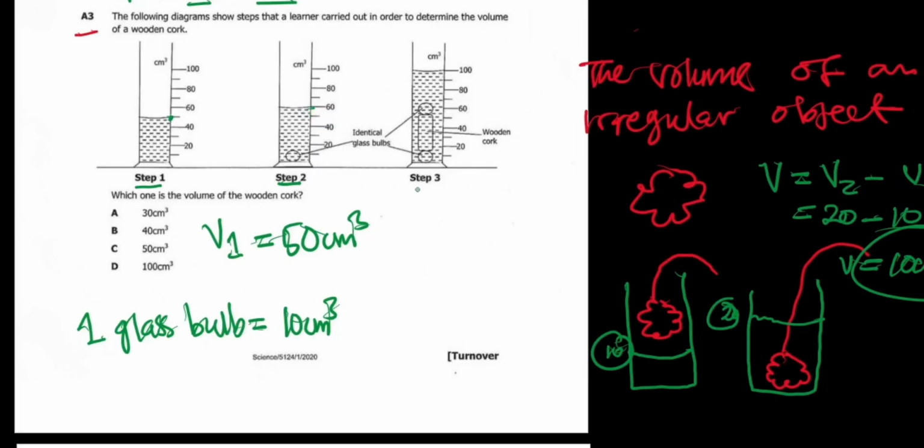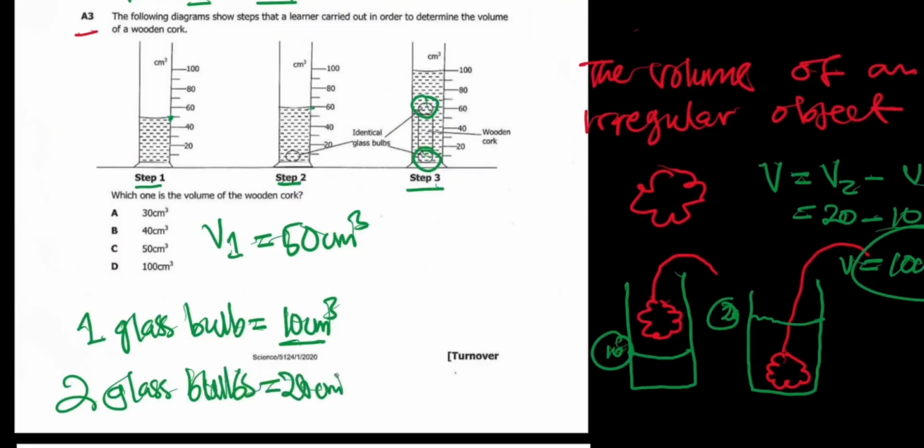Now, when you look at the third step, notice that you have two identical glass bulbs. Since one glass bulb is 10 cubic centimeters, then two glass bulbs will give you 10 plus 10, which is 20 cubic centimeters.